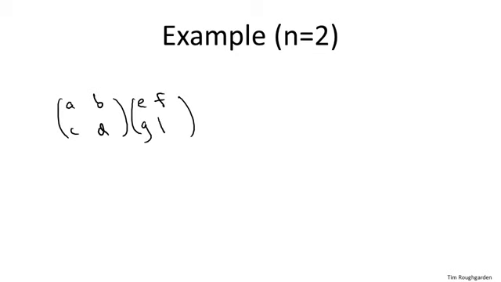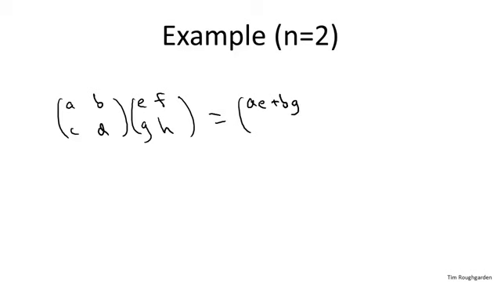Now, what's the result of multiplying these? Again, it's going to be a 2 by 2 matrix where each entry is just the corresponding dot product of the relevant row of the first matrix and column of the second matrix. So to get the upper left entry, we take the dot product of the upper row of the first matrix and the left column of the second matrix.